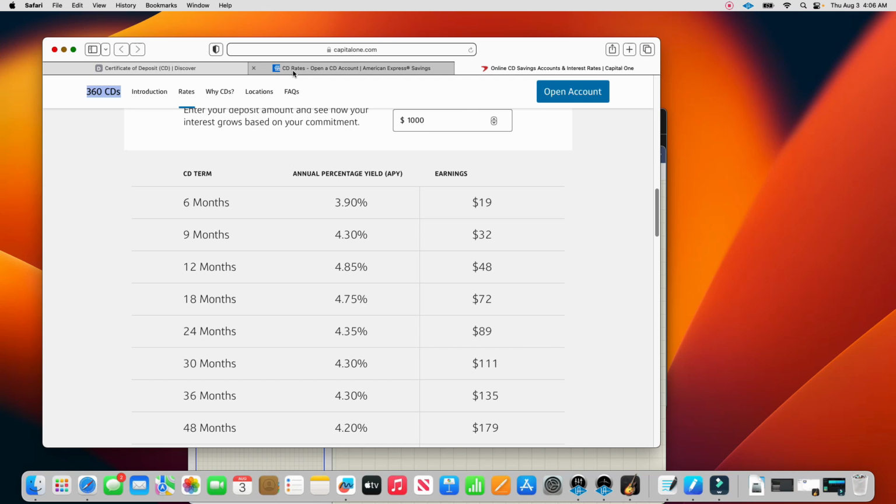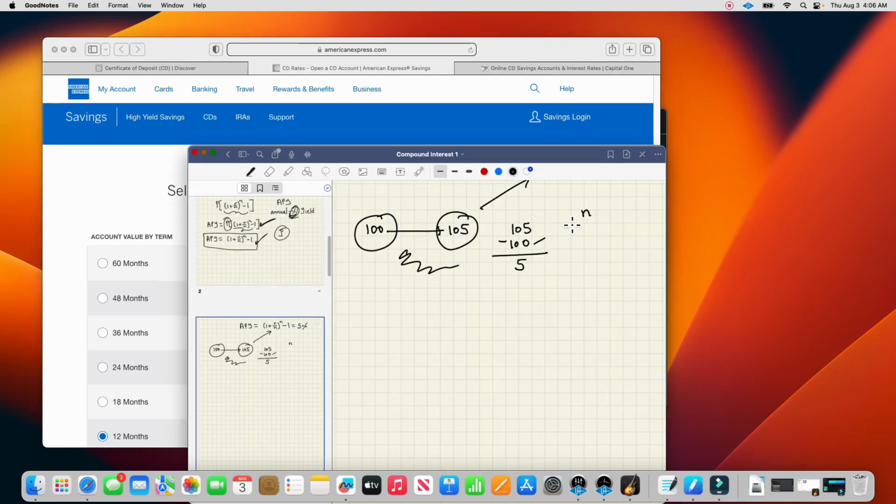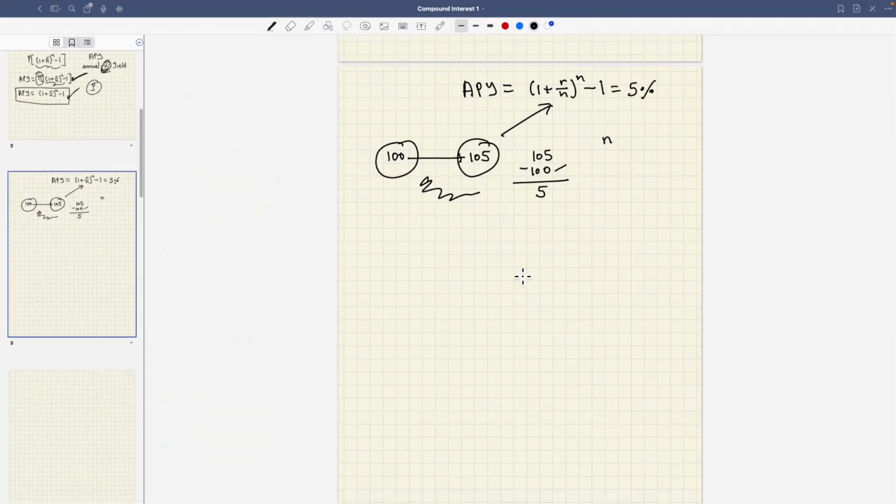Where is it? Somewhere in here. But all I wanted to show you here is that it depends on how often it is compounded. Anyways, think about this.